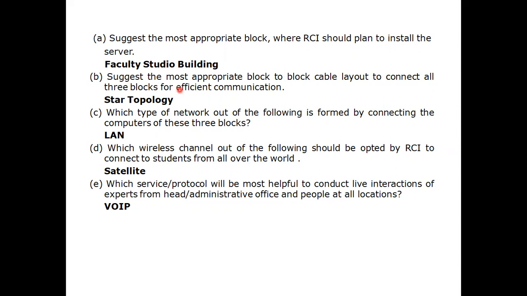Next, suggest the most appropriate block to block cable layout to connect all the three blocks for efficient communication. In this, they want efficient communication. So how can we do that? Just see the block to block cable layout.